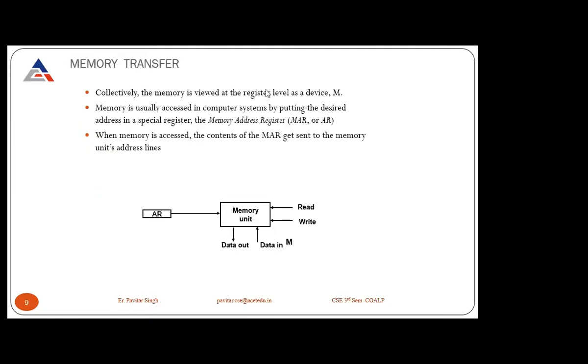So memory transfer. Collectively, the memory is viewed at the register level as a device, and it will be denoted with the help of capital M. Memory is usually accessed in computer systems by putting the desired address in a special register called memory address register, MAR, or simply AR. Remember this definition.